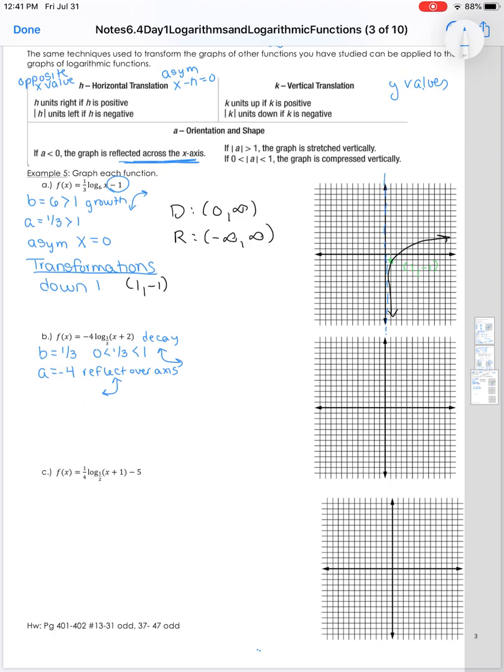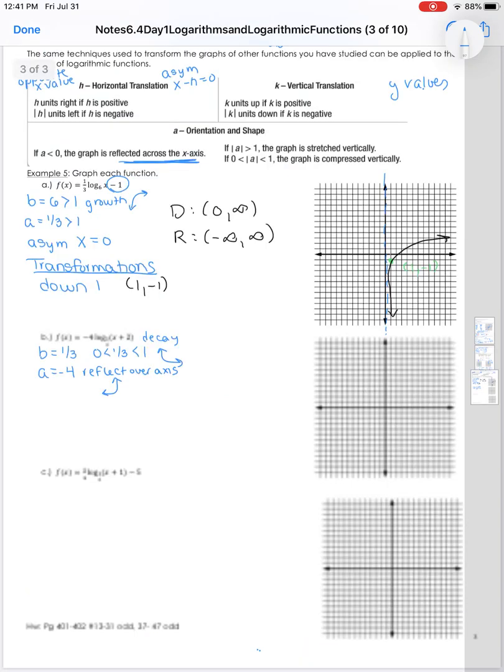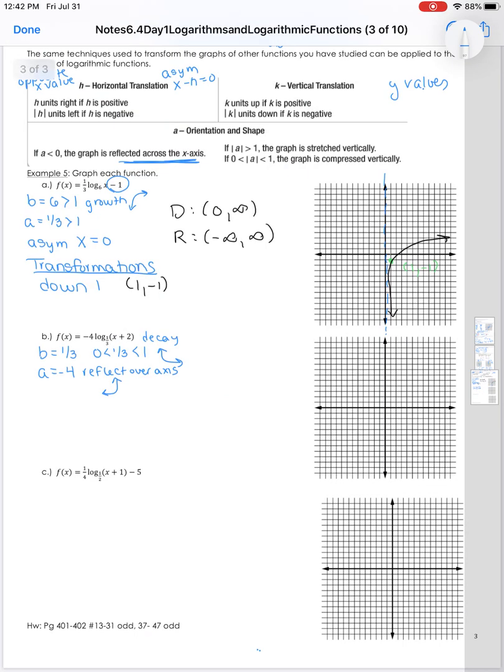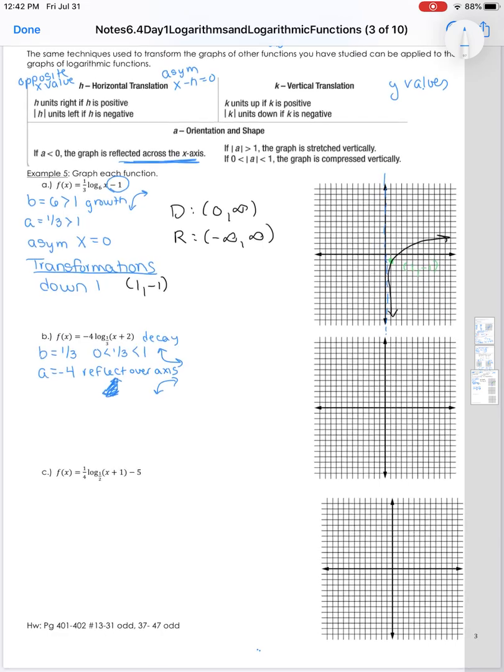Or wait, actually, go back to page 2. It says if a is less than 0, the graph is reflected over the x-axis. That's my bad. So remember, x-axis goes left or right. So when we reflect this over the x-axis, you're going to now give off the growth appearance. Sorry about that.